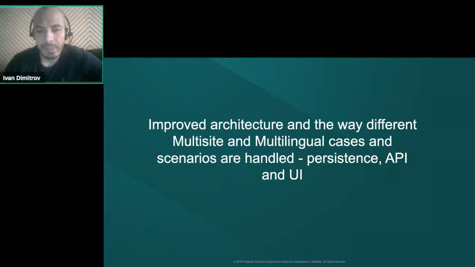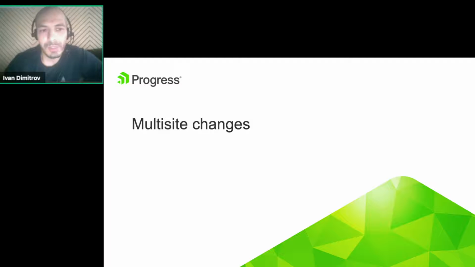What we tried is to have as few changes in the UI as possible, so as not to distract our customers. And also we wanted to put a baseline for some future scalability changes in the product. I will start with the multi-site changes that we did in 13.1.